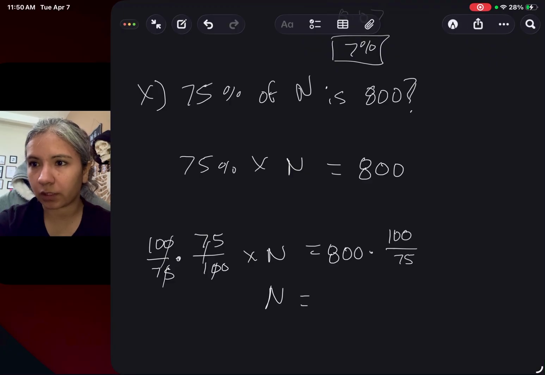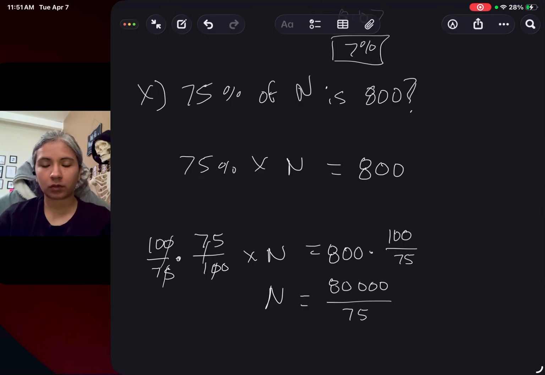So we have n equals 800 times 100, which is 80,000, divided by 75, right? 800 times 100. That gives us a fraction or a decimal.